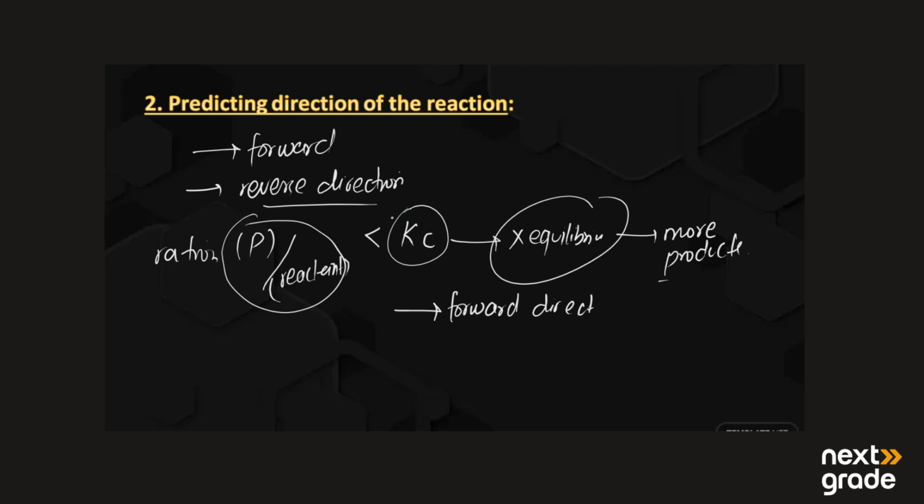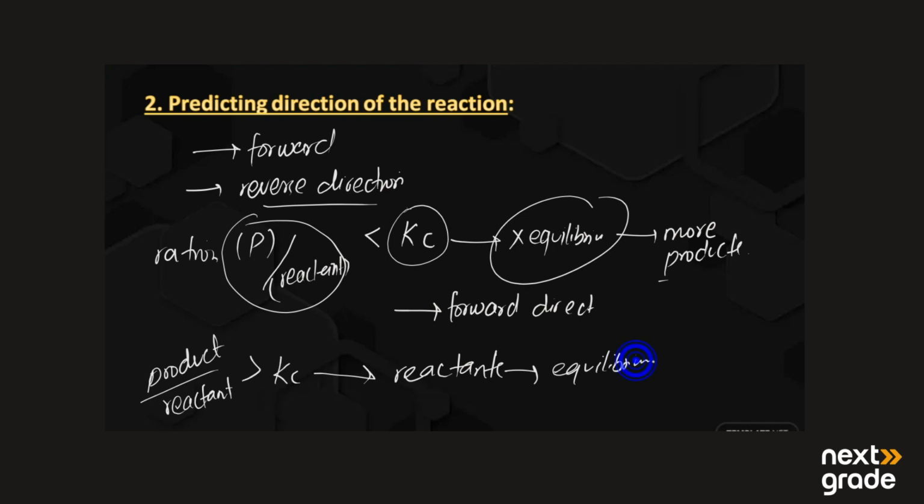And in the second case, if the ratio of products to reactants is larger than Kc, then the system is not at the equilibrium state, so more reactants are required. Now we need more reactants to reach the equilibrium state.